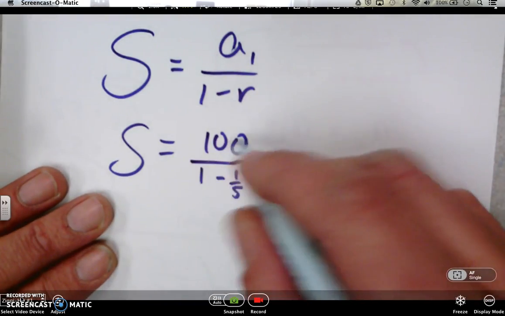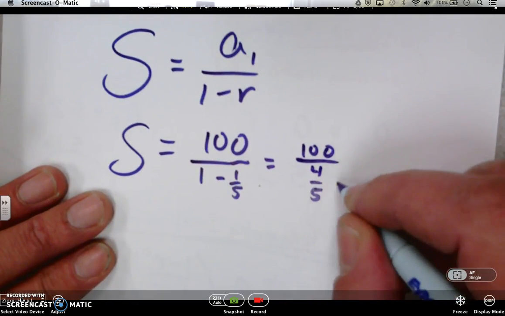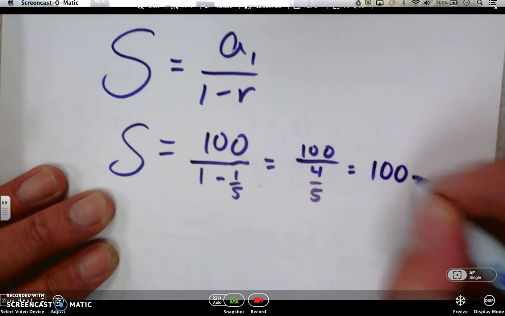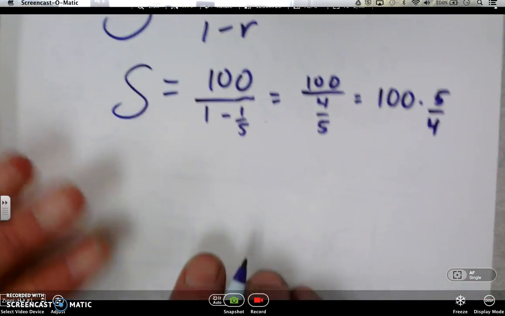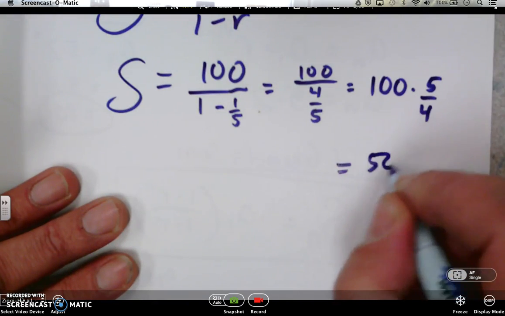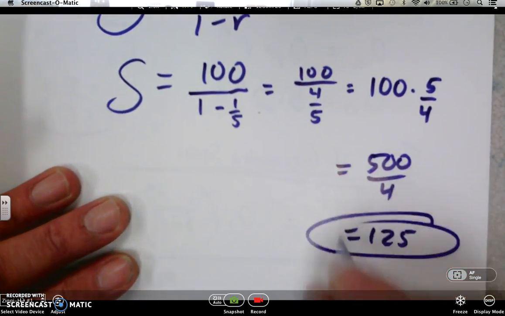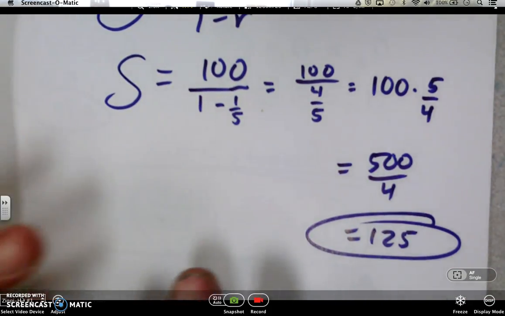It's kind of interesting. 100 on top. 1 minus 1/5 would give us 4/5. 100 divided by 4/5. And to divide by a fraction, we multiply by the reciprocal. So that's 500 over 4, or just 125. Okay, that's it. That's all there is to these ones.